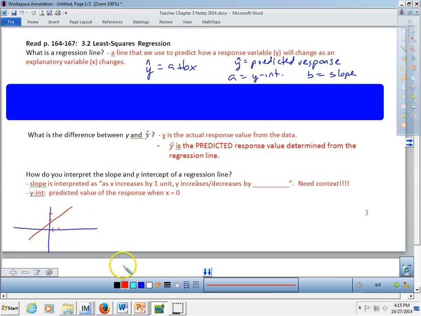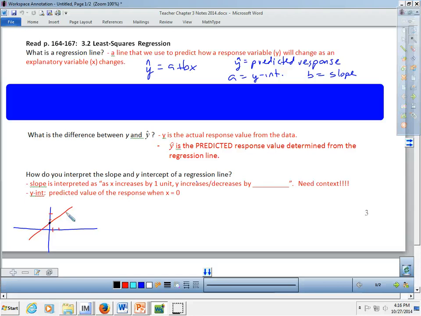Now, the y-intercept is always where the line touches the y-axis, which means that our x has a value of 0. So when x is 0, what's y going to be? And sometimes that y-intercept doesn't make a lot of sense. It just becomes sort of a value holder in the equation. And so we still need to interpret the y-intercept. We still need to know what it is and what it means.